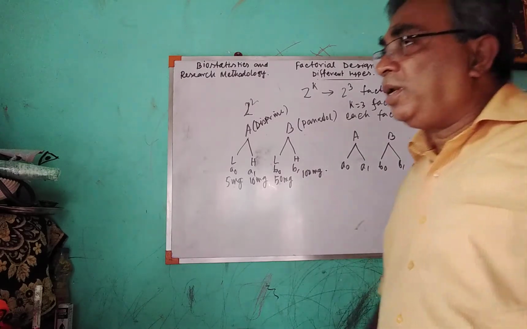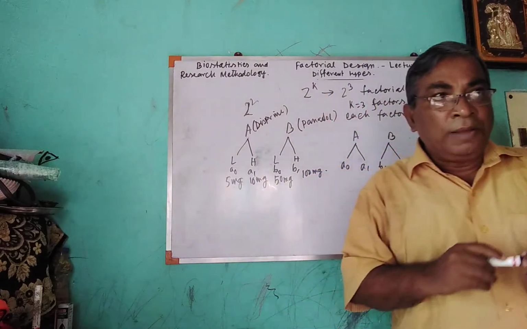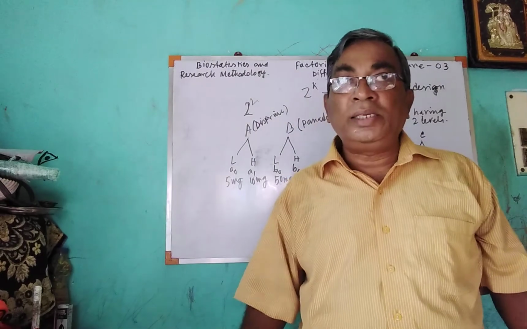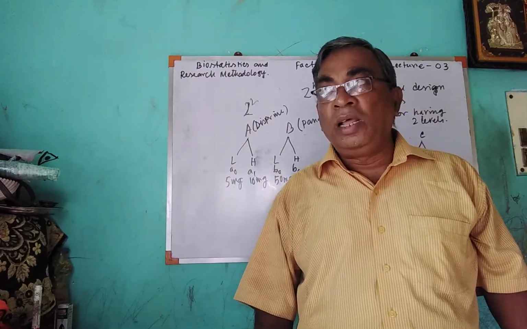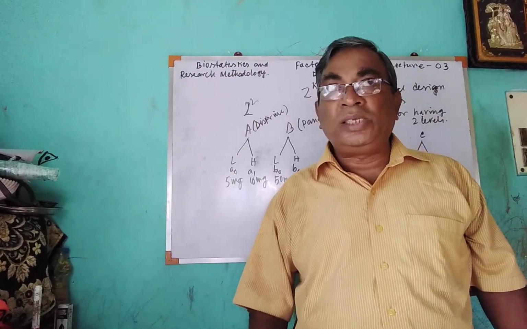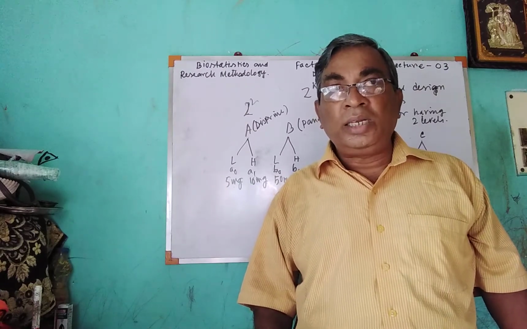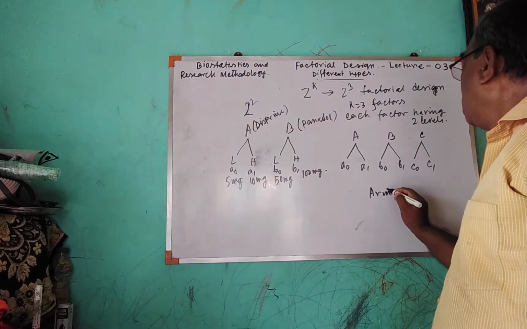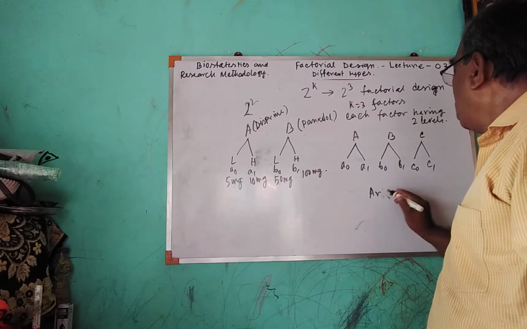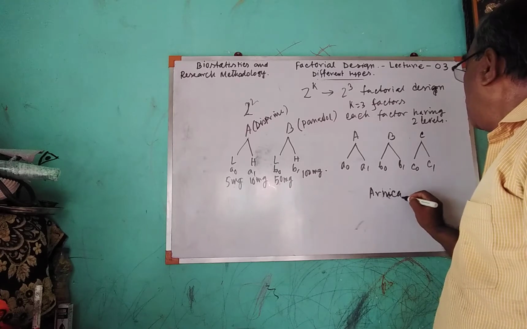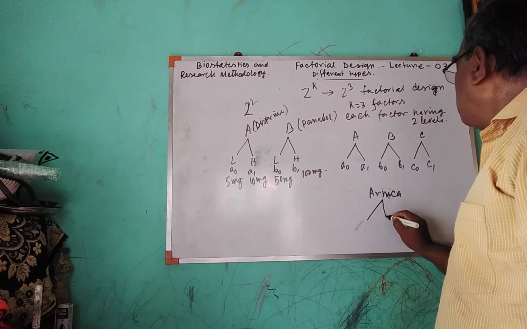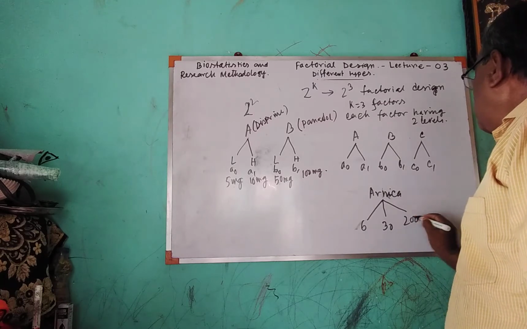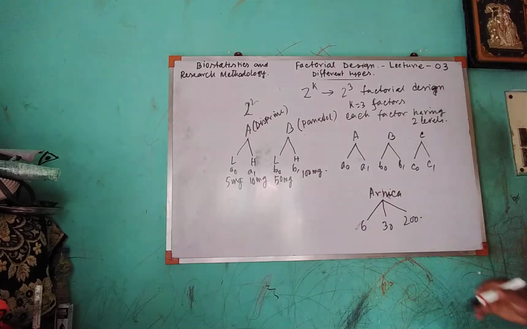Levels, understand? For example, in real life, suppose a homeopathic medicine, Arnica. Arnica is a famous homeopathic medicine. There are many potencies, like 6, 30, 200. Arnica is a factor, and 6, 30, 200 are known as levels.